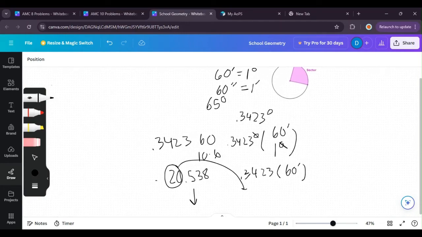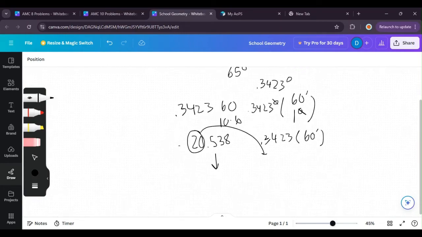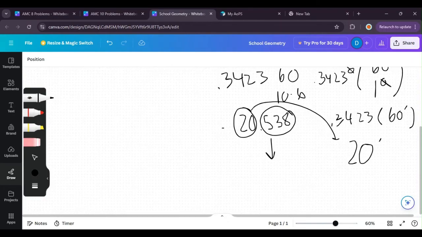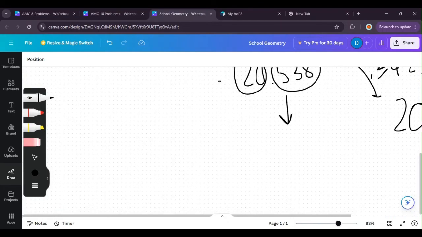So originally we have 65 degrees, now we have 20 minutes, and now we have 0.538 minutes to deal with, and we can translate that into seconds as well.